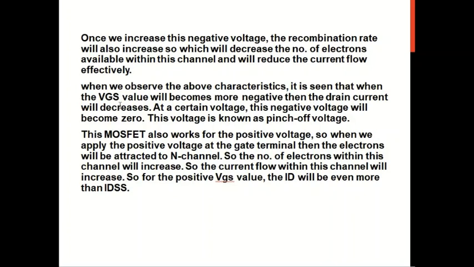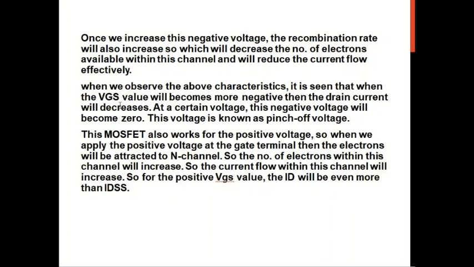As the negative voltage increases, the recombination also increases, which decreases the number of electrons within the channel and effectively reduces the current flow. When we observe the characteristics, we see that when we increase the VGS value negatively, the drain current also decreases. At a certain negative voltage the drain current becomes 0, and this is called the pinch off voltage.